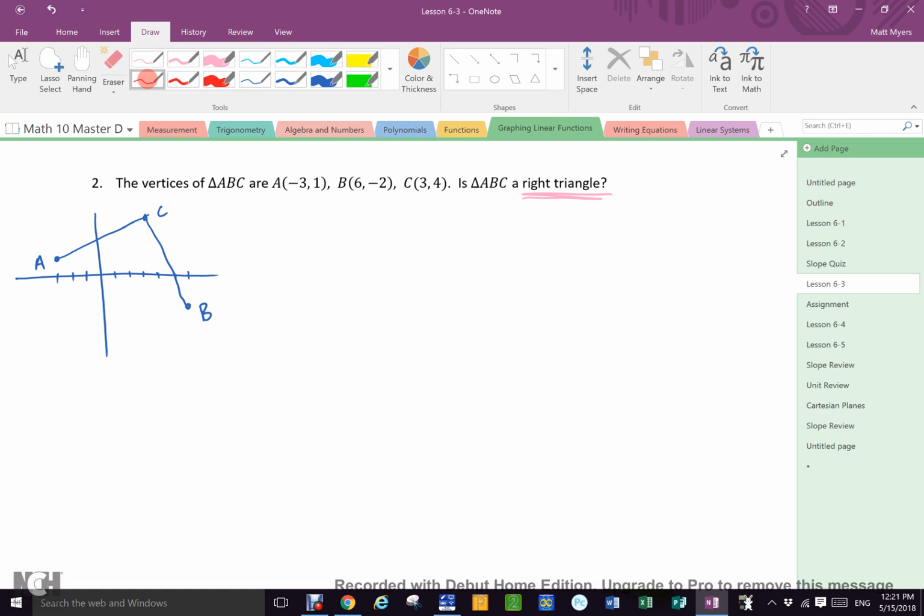So I need to check if the slope of AC is perpendicular to the slope of BC. How do I do it? I'll give you a hint. Look at number 1, because that's how math works.